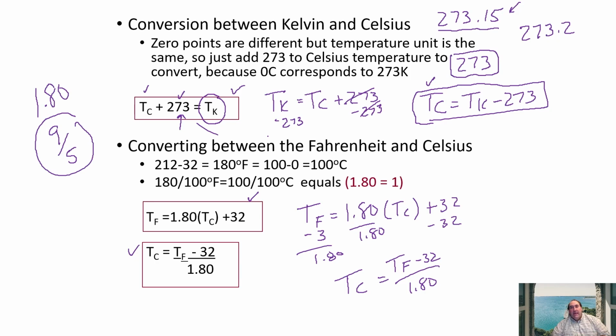So if your original temperature value was a whole number, it should convert to a whole number. If your original value went to the first decimal place, you should take your converted temperature to the first decimal place. That is the general rule that we follow. It is not the strict significant figure rules that we're going to talk about in a bit in this chapter, but that is a general practice that you want to follow in this case.